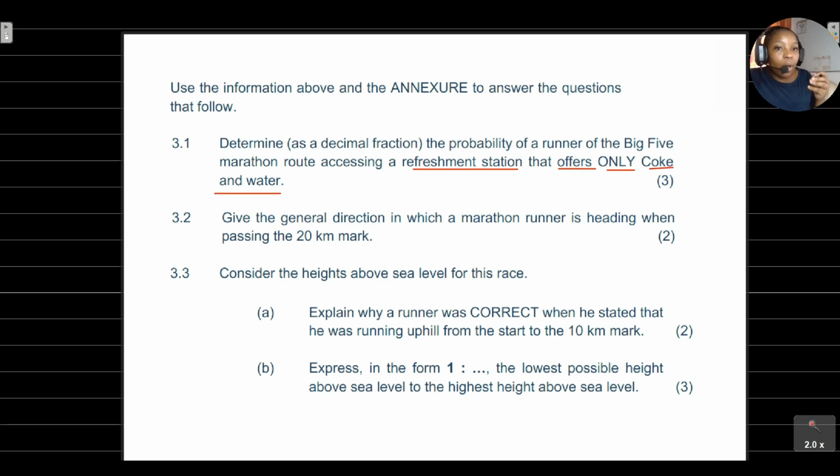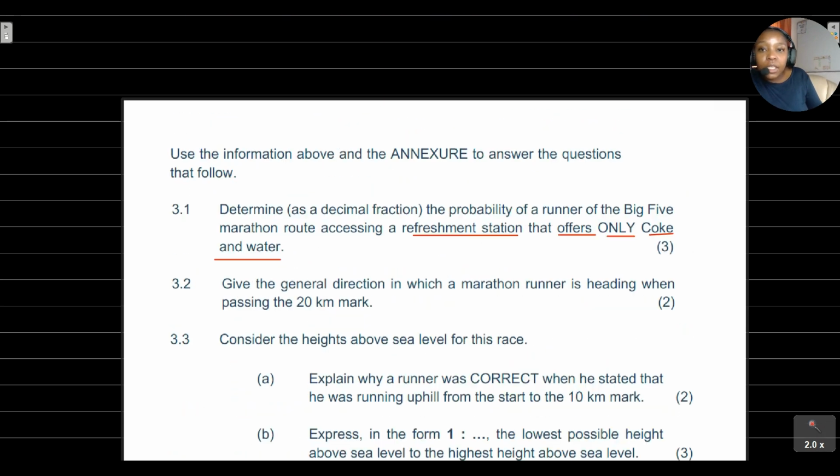So that is the favorable outcomes. We want to look for the refreshment stations or all the points where they are just offering Coke and water, nothing else. Those are the favorable outcomes, right? Divided by total outcomes. How many refreshment stations are there? Okay, so that is basically how we're going to go about calculating this probability.